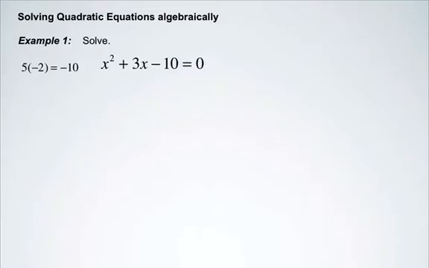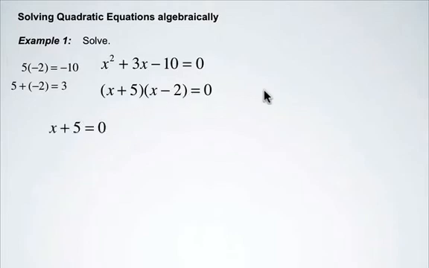Solving quadratic equations algebraically. Example 1. We're going to solve x squared plus 3x minus 10. 5 times negative 2 is negative 10, and 5 plus negative 2 is 3. Therefore, our factors are x plus 5 times x minus 2.